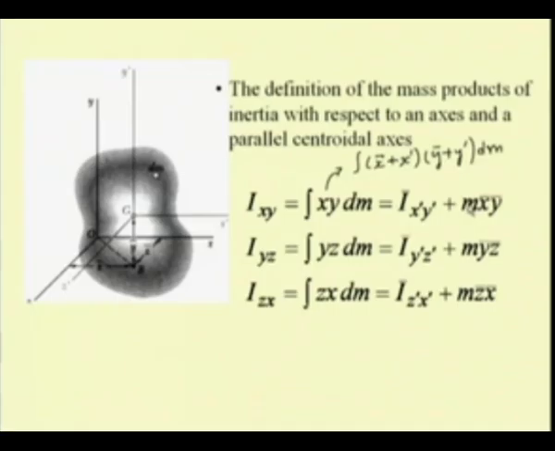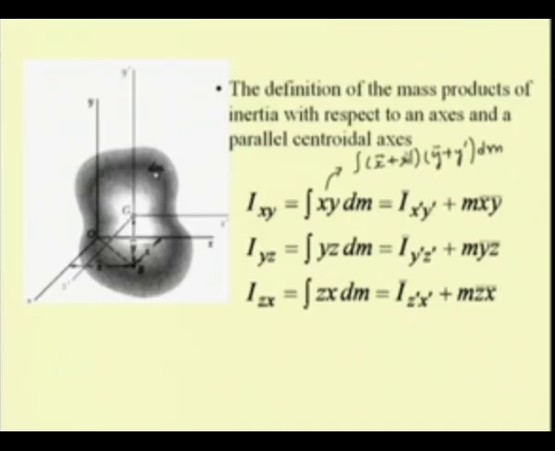So, we have this term m times x bar y bar, and now if we take these two products, that is x bar y bar, then it is the same as this terminology, and so it is I bar x prime y prime.